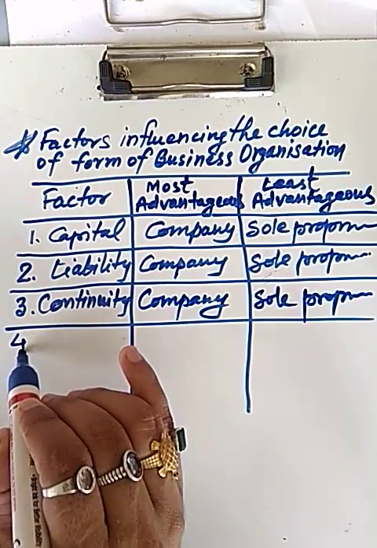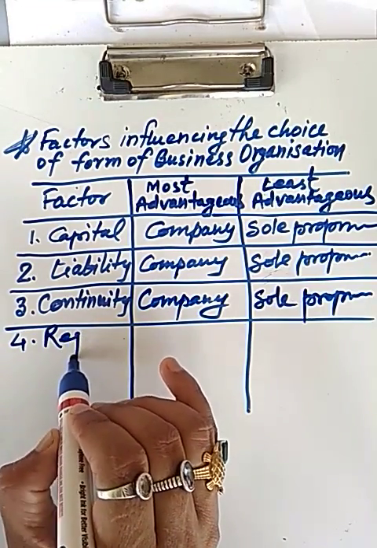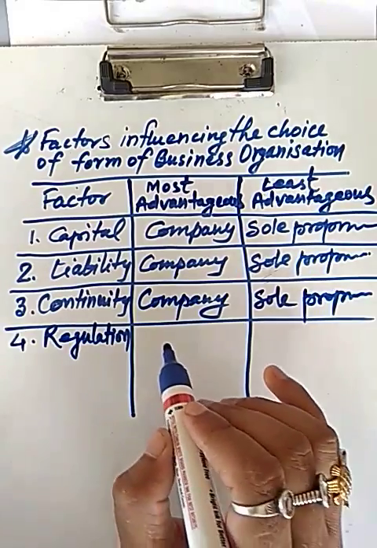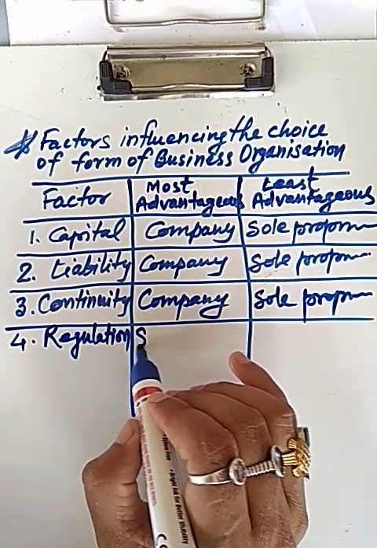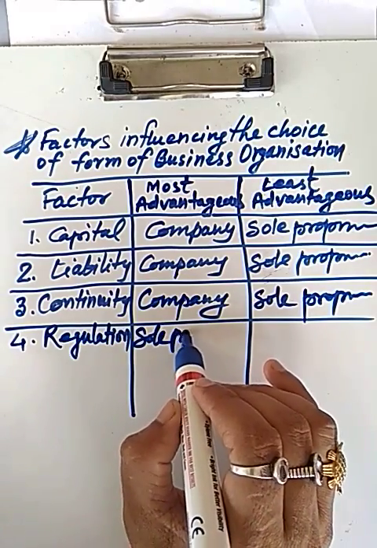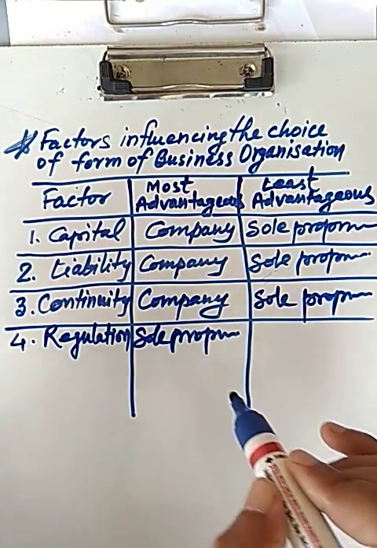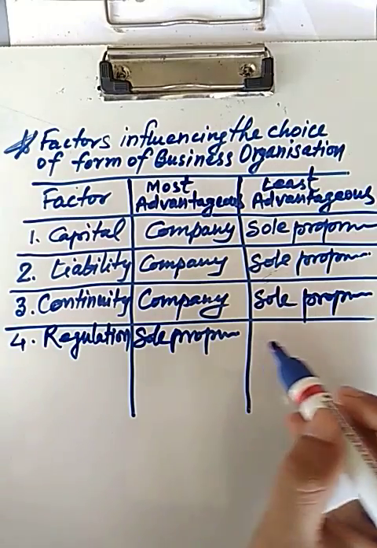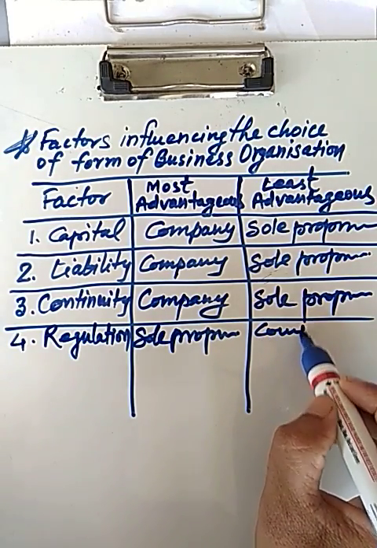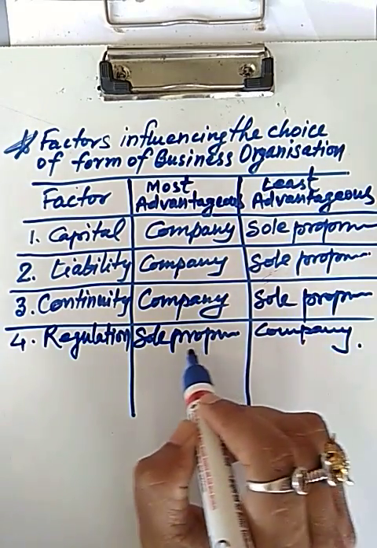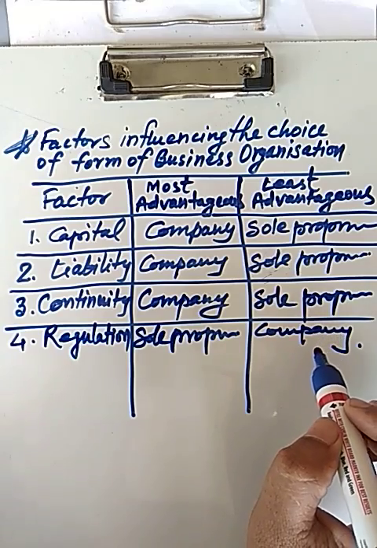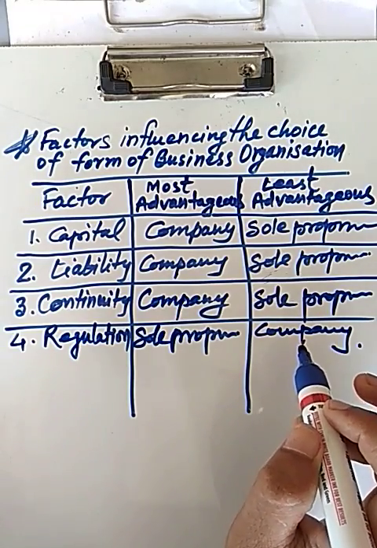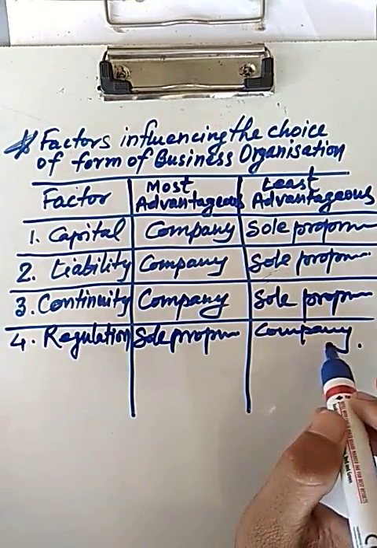Regulation. In case of regulation, sole proprietorship will be most advantageous, but company form of organization will be less advantageous, because more rules and regulations have to be followed in company form of organization.